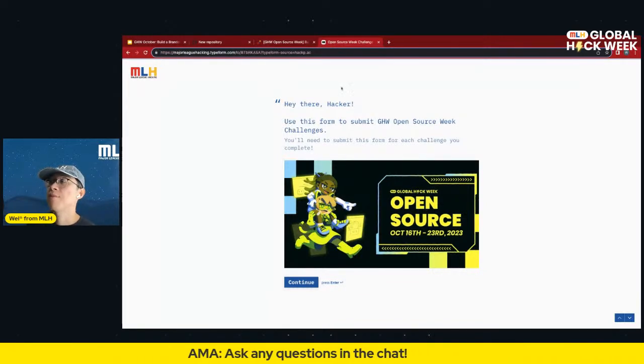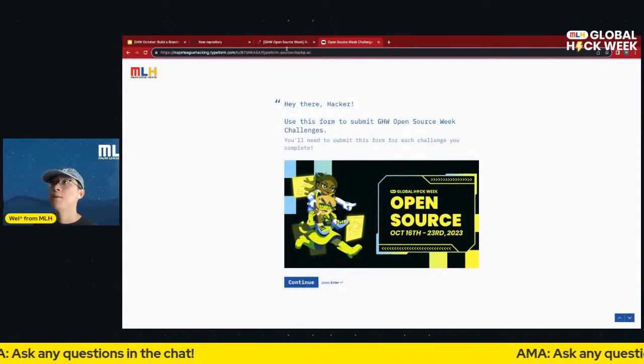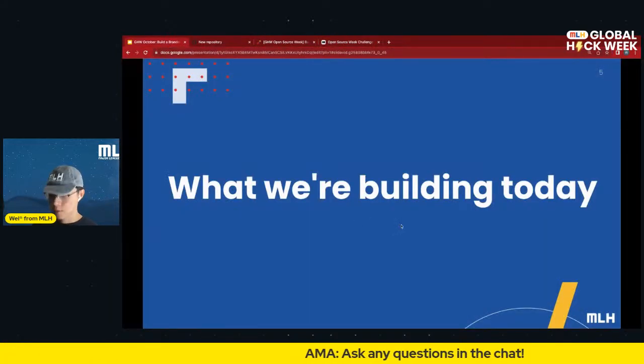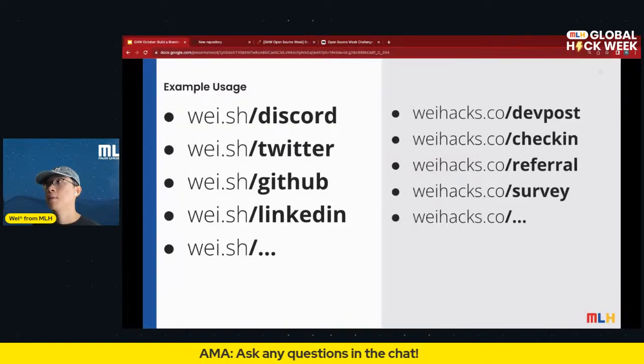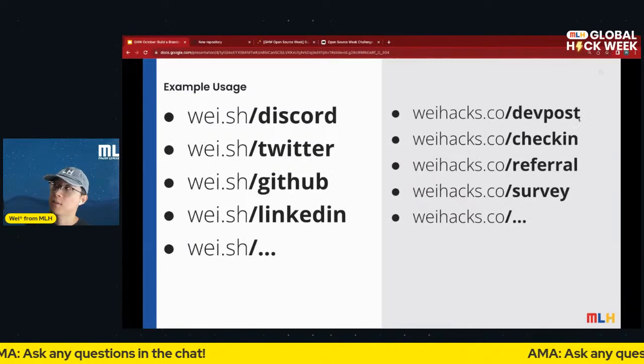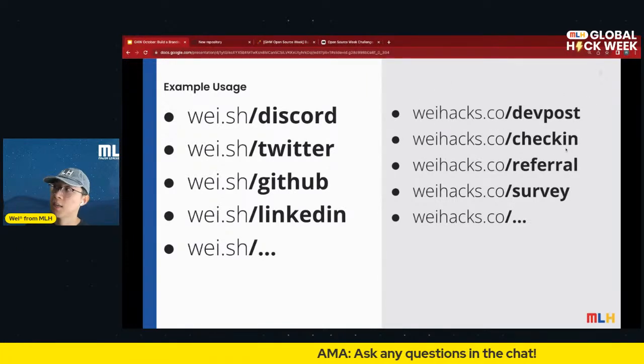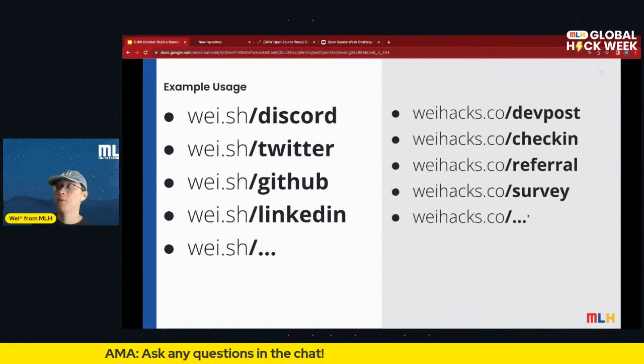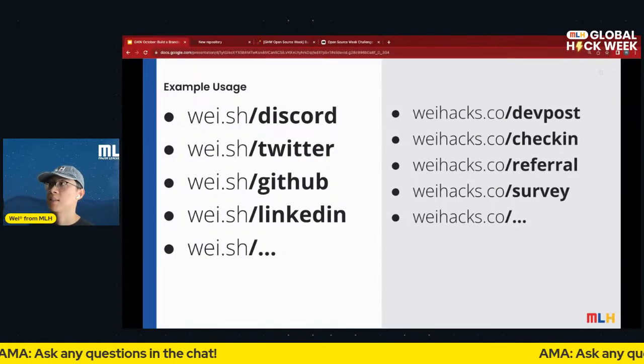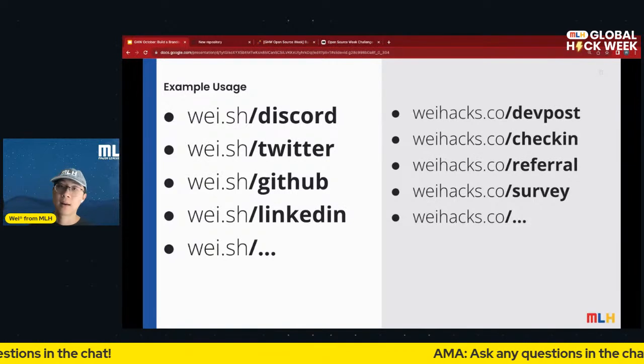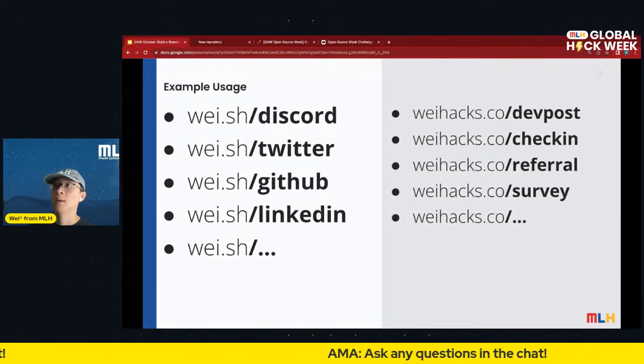And if you're running an event like Global Hack Week or your hackathons, maybe you have other resources that you want to share with people. So, for example, maybe wayhacks.co/devpost. You can redirect that to your Devpost link. You can have a /check-in, /referral, /survey, for example, to send people to different links that are tied to your organization event.